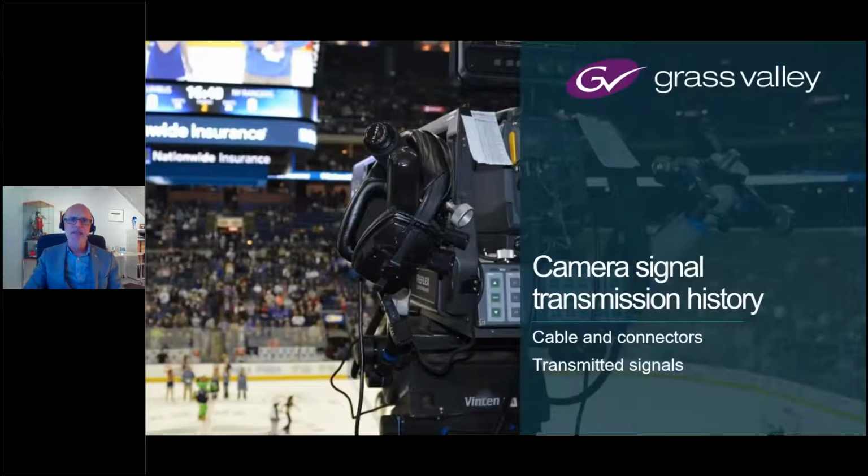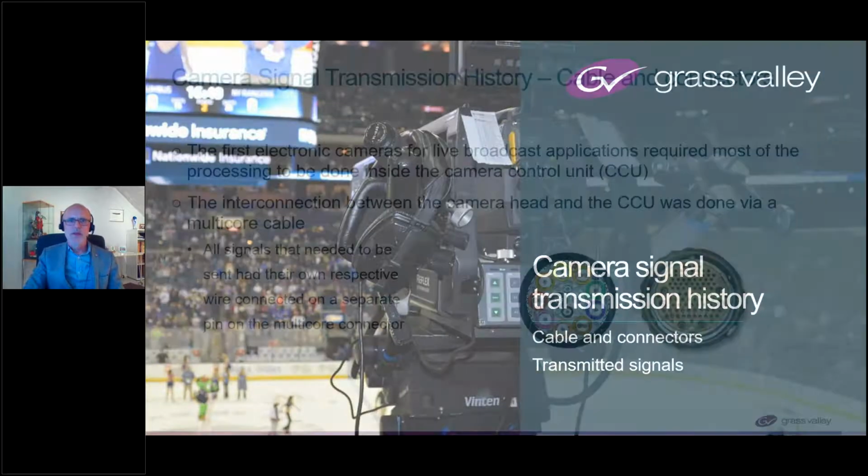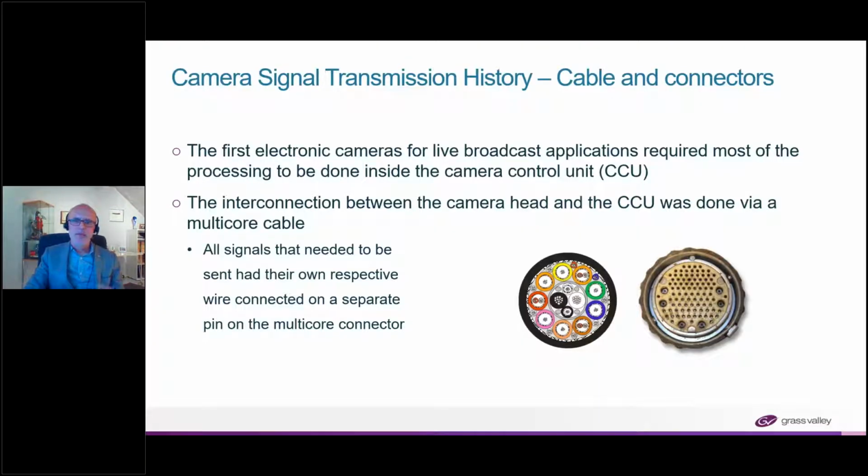So let's start with the first section: camera signal transmission history, cables and connectors and transmitted signals. If we look back to the early days of television, the first live broadcast cameras had a lot of the processing done inside the camera control unit.